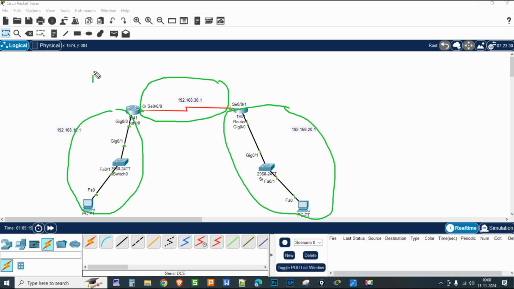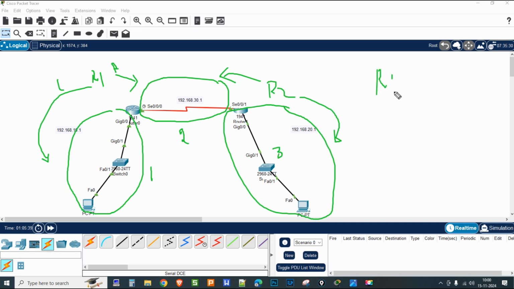For the router R1, what networks are directly connected? This one, it is connected left side, then it is connected right side. For R2 router, this network is connected right side, this network connected the left side. Here 1, 2, 3. Then for R1 router, directly connected networks are 1, 2.